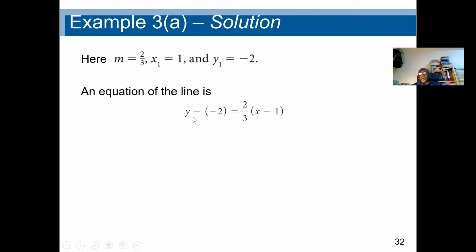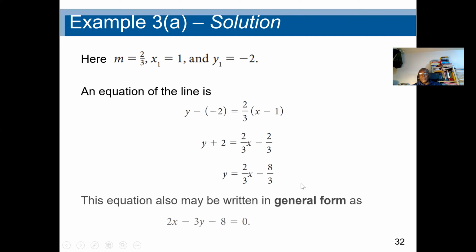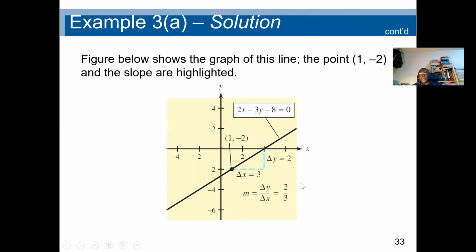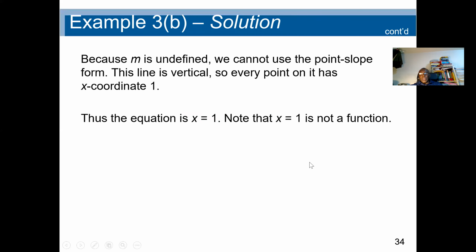So we are using the formula y minus y1 equal to m times x minus x1. Since x1 is 1, y1 is -2, and we know the slope to be 2/3, we plug in the values, then we solve the equation, and we can find y. So this will be the equation of the line.